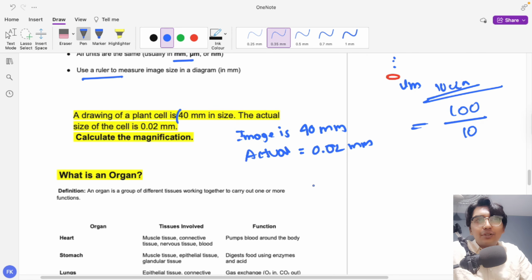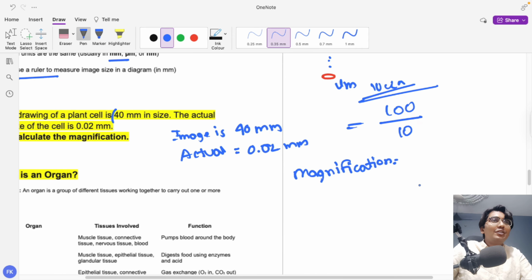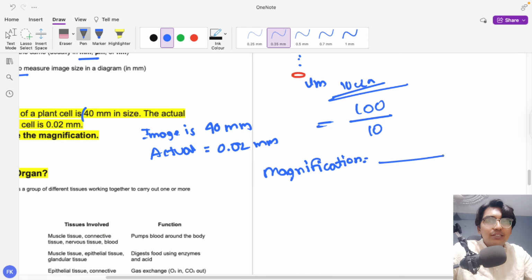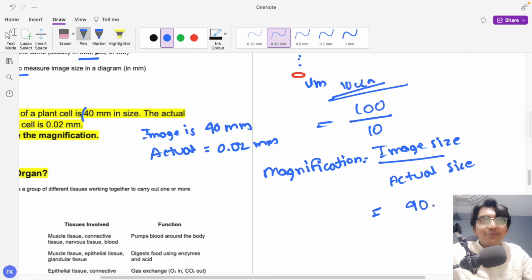Now calculate magnification. So what should be the magnification, right? We have learned that magnification equals image size by actual size. So what is the image size? Image size is 40 millimeter and actual size is 0.02 millimeter.